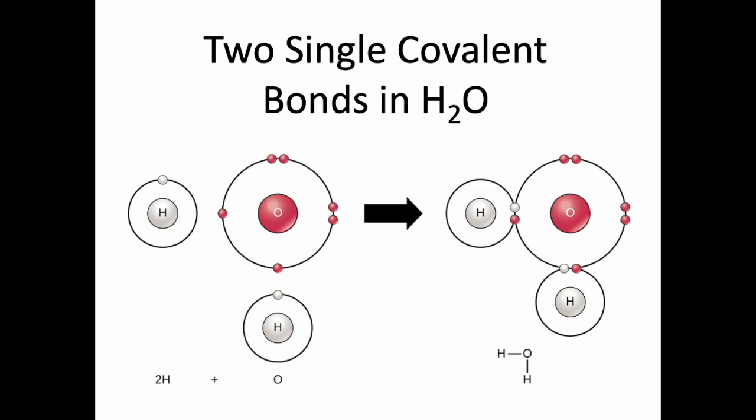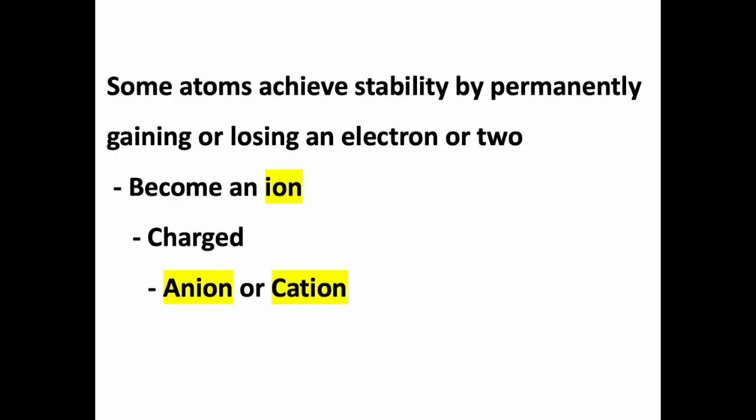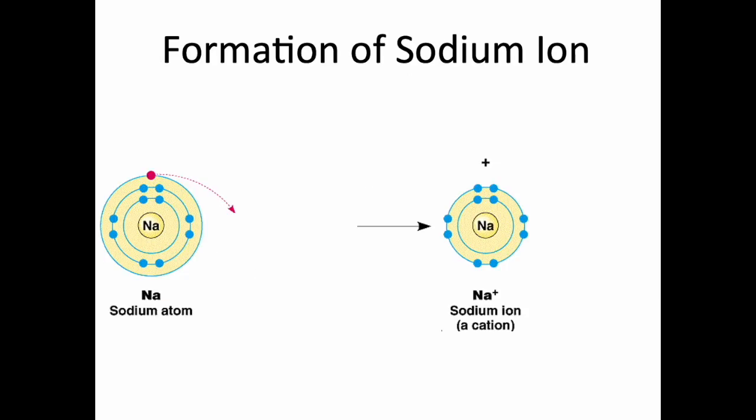Now, there's another thing that can happen in the quest for stability, trying to get to 2, 10, or 18 total electrons. Some atoms can achieve this stability by permanently gaining or losing an electron or 2. Before I read the rest of the slide, let's see an example of this.